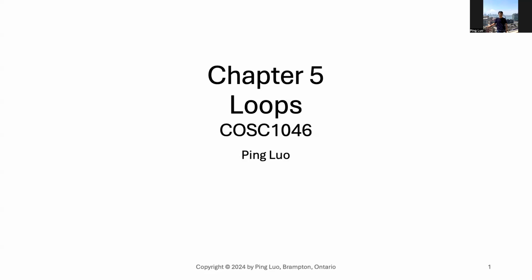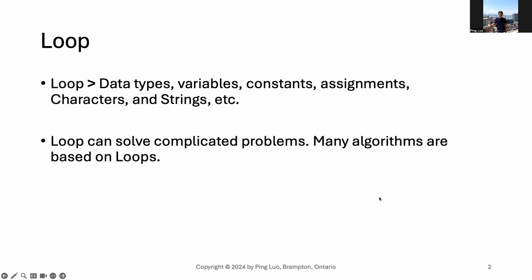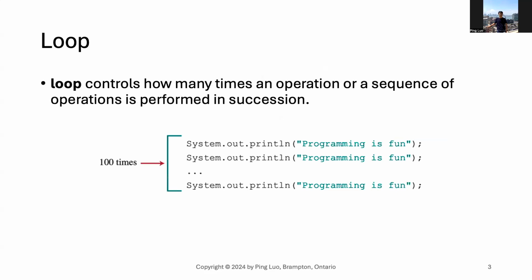For example, many algorithms are based on loop, because we want to do all this kind of repeated work quickly. So for example, we want to print something to the screen 100 times.